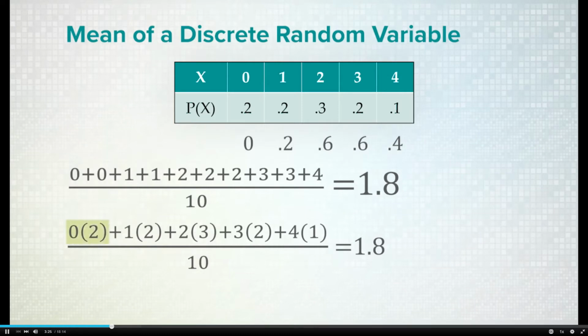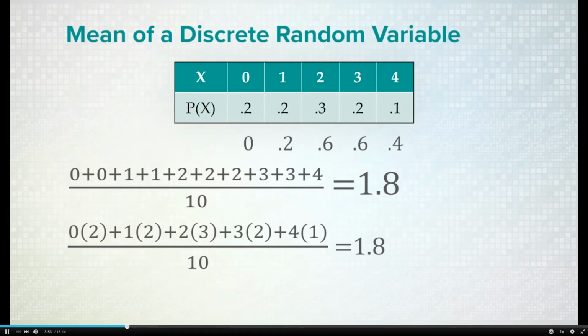That's what I've notated here. 0 2 times. Plus, I have 1 2 times. Plus I have 2 3 times, etc. I took those 10 numbers and I just grouped them together to get what you see here. I haven't changed anything, I just rewritten it.